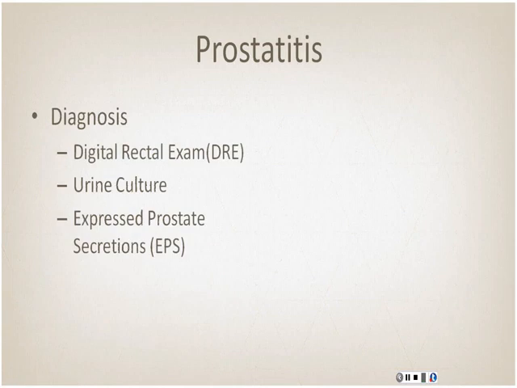Diagnosis can be through a digital rectal exam or DRE. When this is done, it may reveal a warm or irregular, swollen, very painful type of prostate. Urine cultures can be obtained. These would be positive for bacteria. There also can be expressed prostate secretions that are sent for analysis, and this is where the prostate gland is massaged in order to collect the prostate secretions.